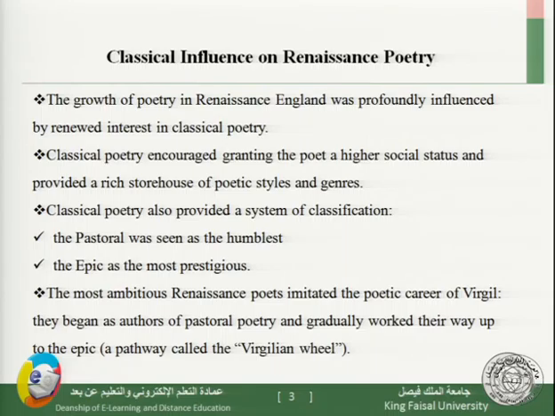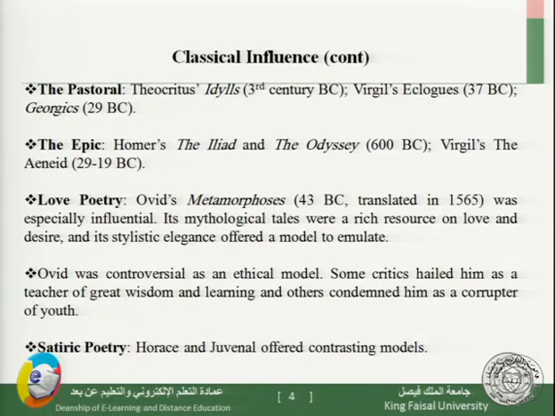And this pathway is what they called the Virgilian wheel. It means that as a poet, you start writing pastoral poetry, and gradually you make your way up and you write epic poems.